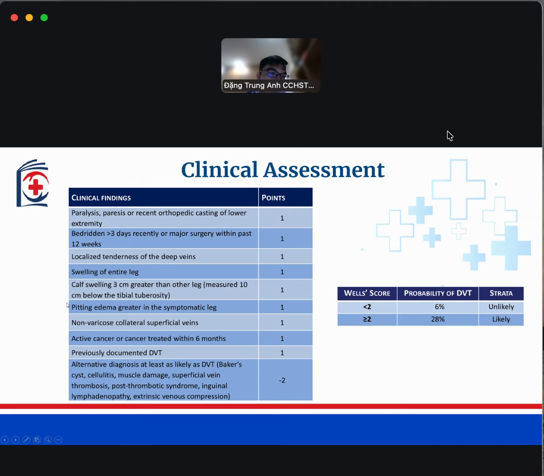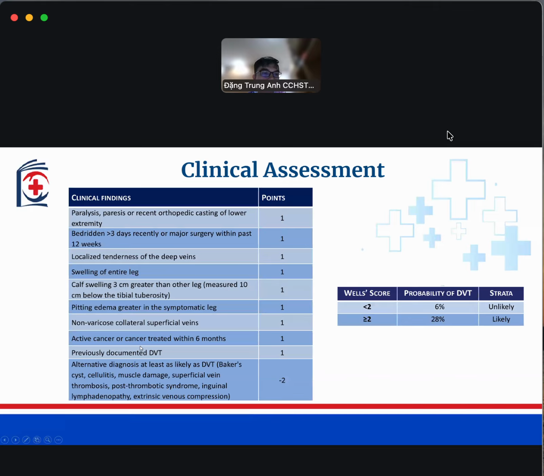The next component is pitting edema greater in the symptomatic leg, or non-varicose collateral superficial veins. Patient has active cancer or cancer treated within 6 months. Patient has previous documented DVT. We give 1 point for each component.